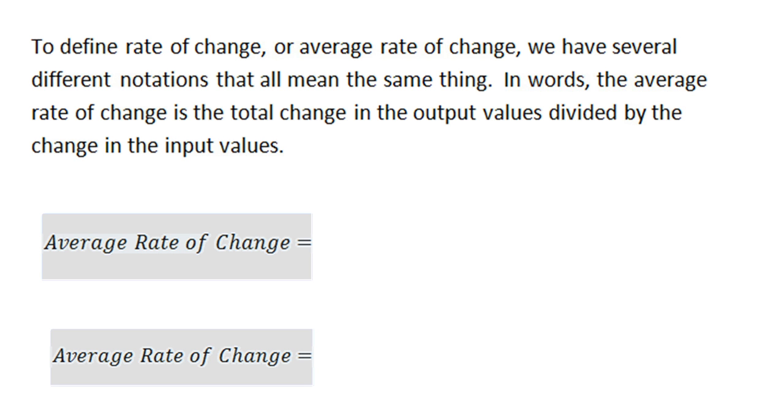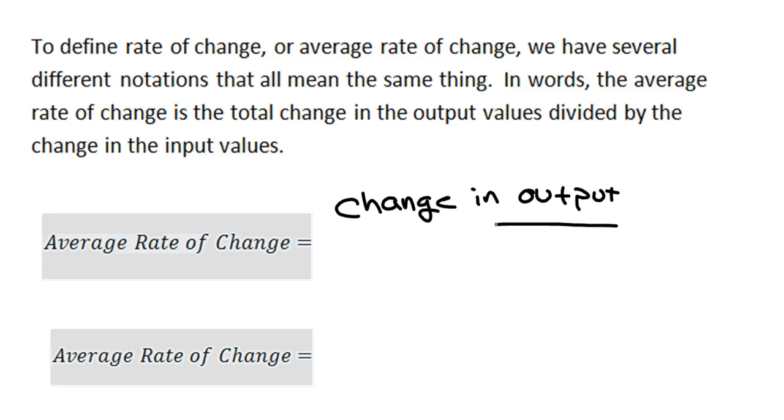I'm a mathematician, so I like things a little more symbolic. So another way of thinking of average rate of change is the change in the output values divided by the change in the input values.